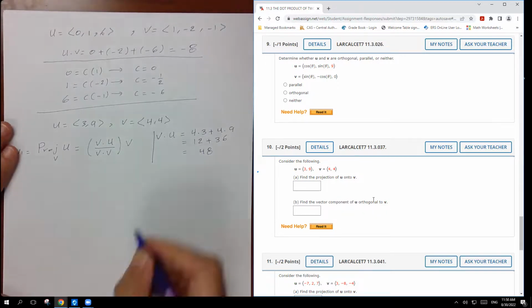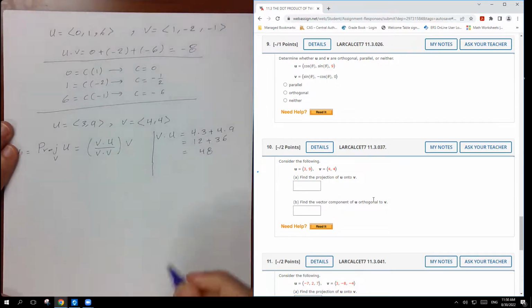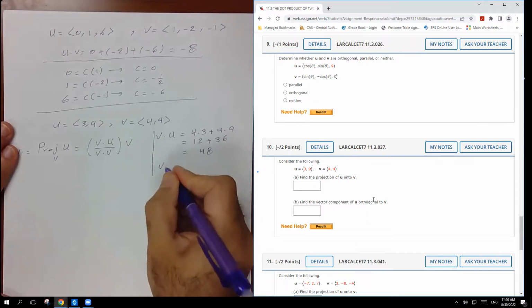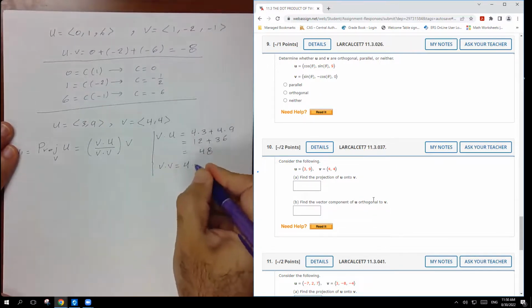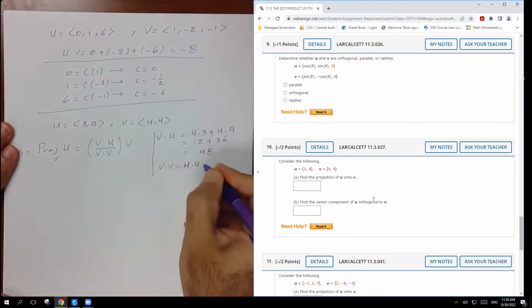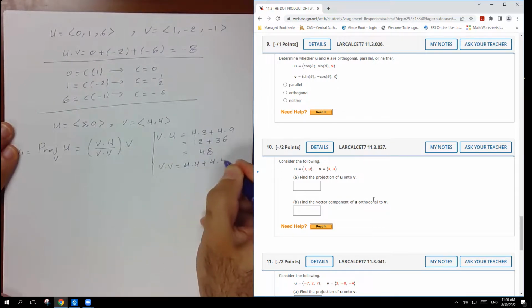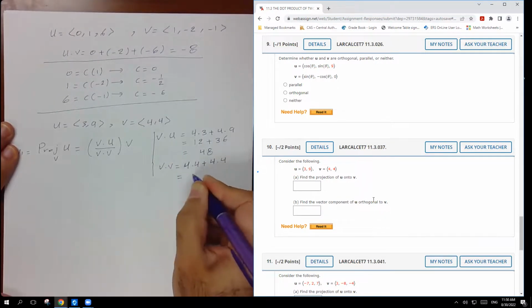The dot product between V and V is 4 times 4 plus 4 times 4, so it's going to be 32.